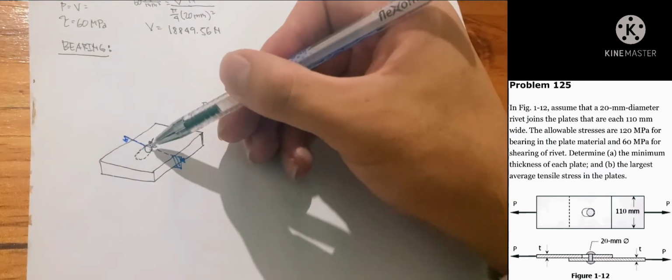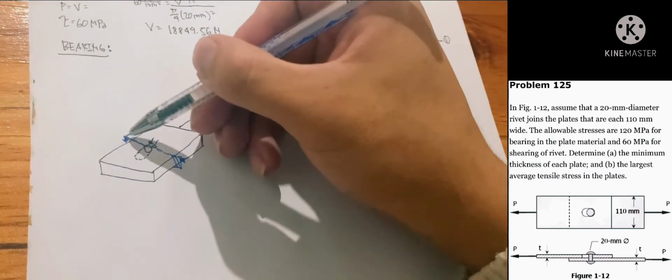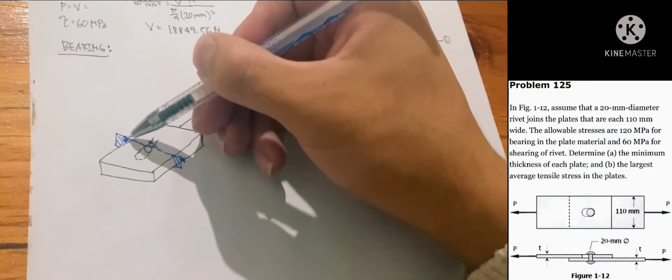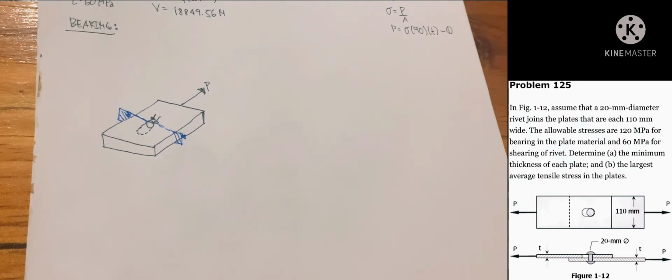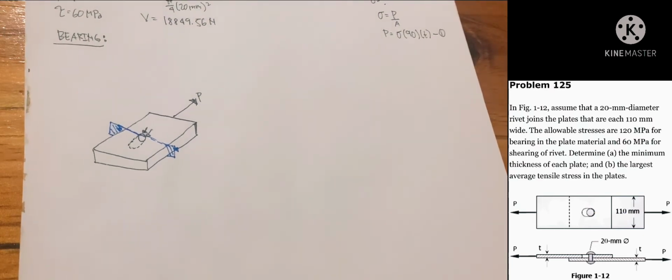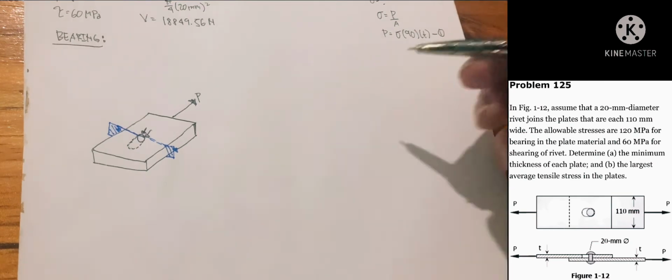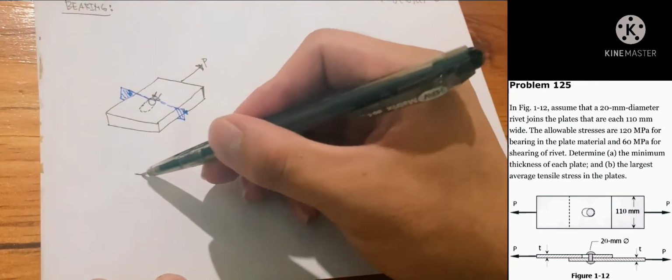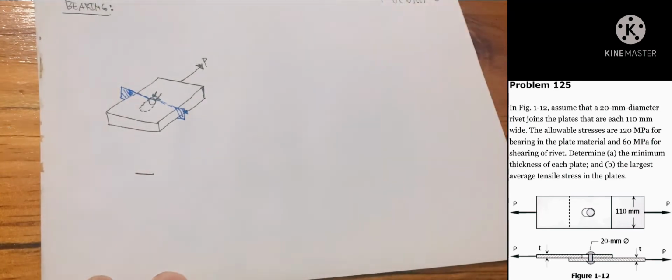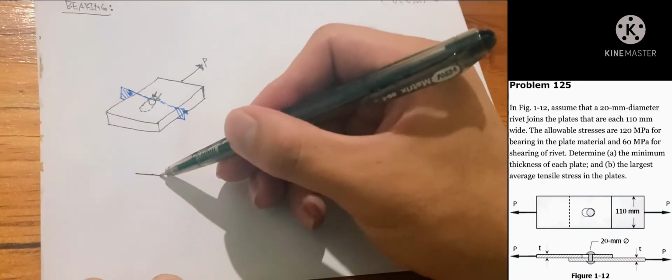So if we cut through the middle, we can expose the same area, perpendicular area, as our normal. But the only difference is it must be the body. There must be two bodies that are in contact with each other.